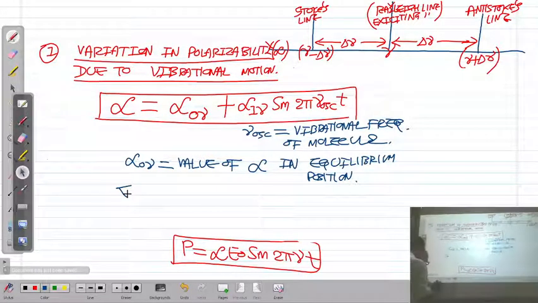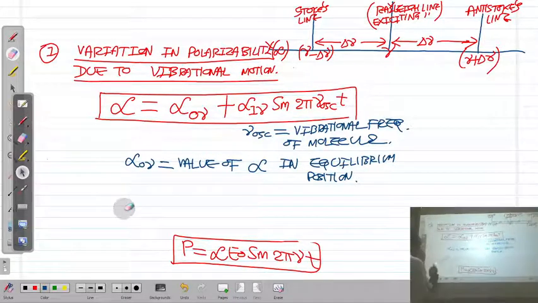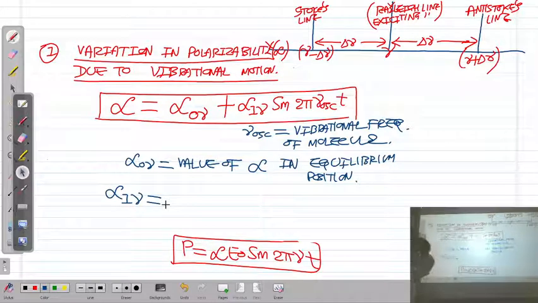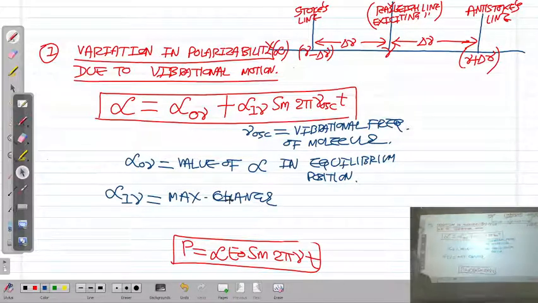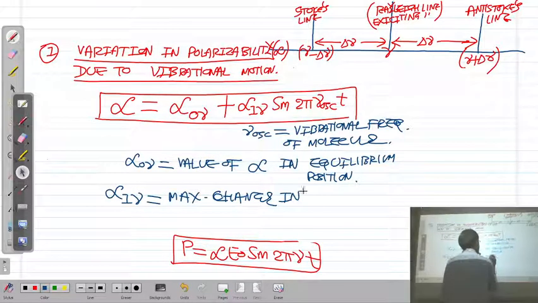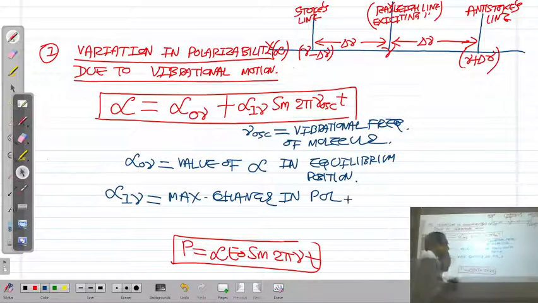Alpha 1 nu is the maximum change in polarizability during the vibration.